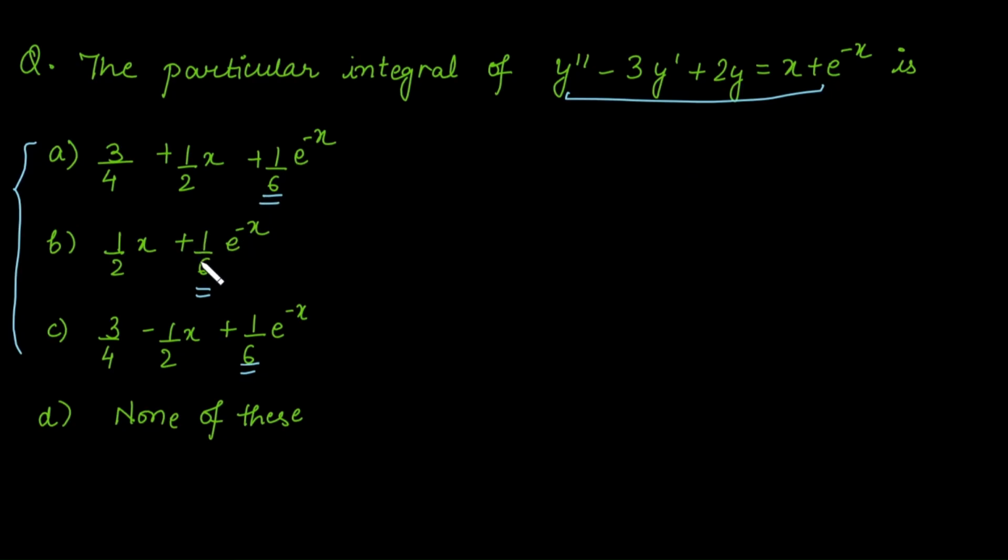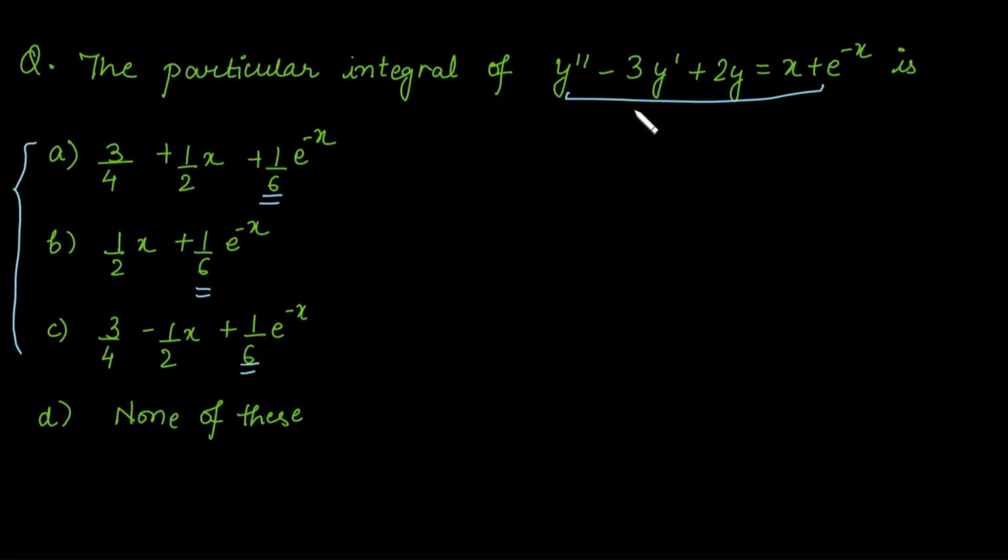So if we have the coefficient 1 by 6, either A, B or C option is correct. Otherwise, clearly I can say that D option is correct. There is no need to calculate the particular integral for x. Or if it is the same, I will check for x by just substituting over here rather than evaluating.